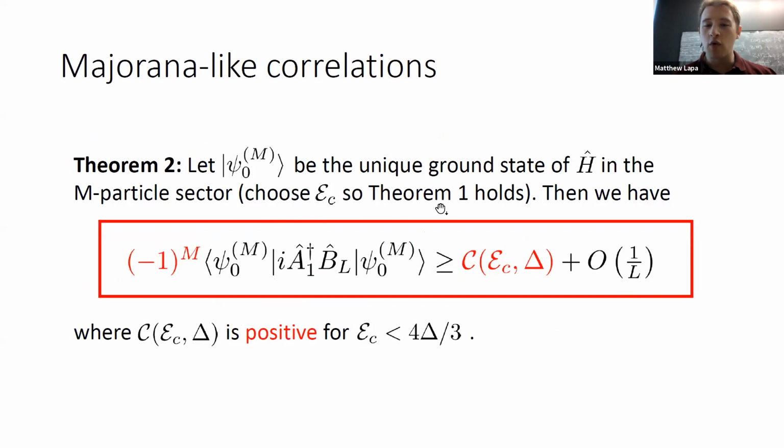Recall that in theorem 1, we showed that under certain conditions, you have a unique ground state and a finite energy gap. So let's choose this charging energy so that theorem 1 holds. And then let psi naught be the unique ground state of H in the M particle sector. Then you can prove this lower bound on this long-range correlation function. Here there's a factor of (-1)^M, that's the fermion parity.